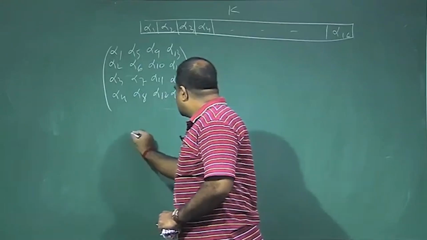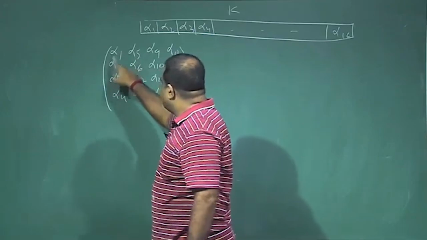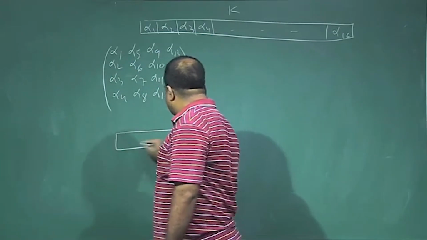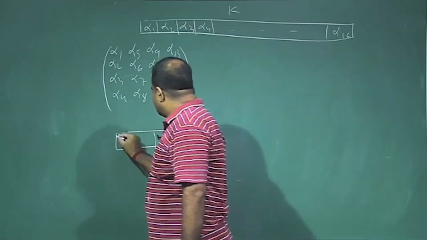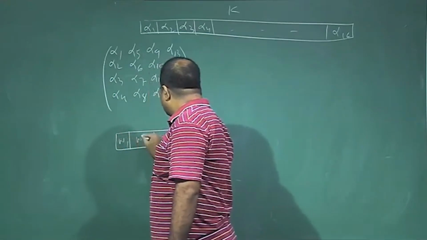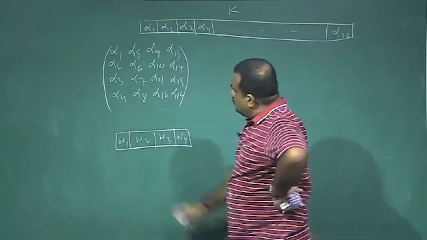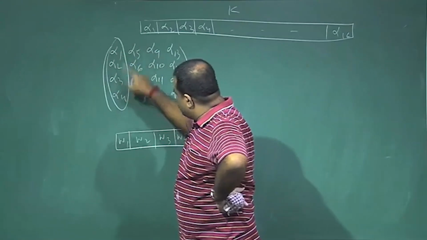So, these are all 8 bits, 1 byte. If we copy 4 bytes, that means 32 bits. So, this is W1, W2, W3, W4. We copy this 8 bit, 8 bit, 8 bit, so the total is 32 bit.